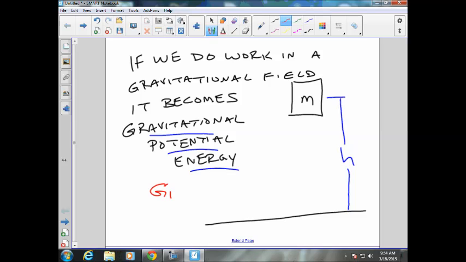And how do we calculate gravitational potential energy? The mass and the height and the acceleration of gravity.